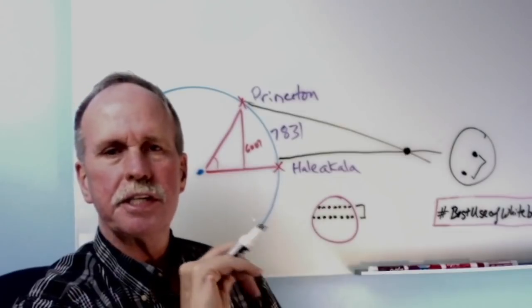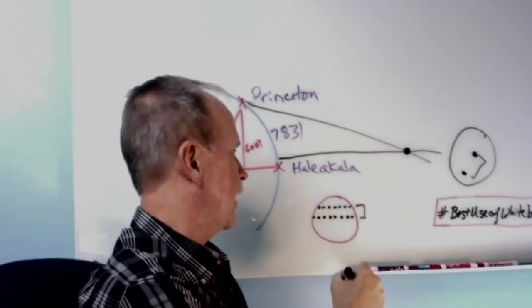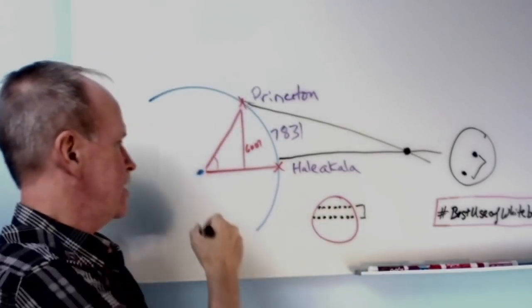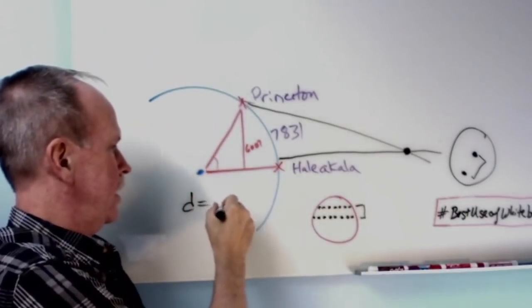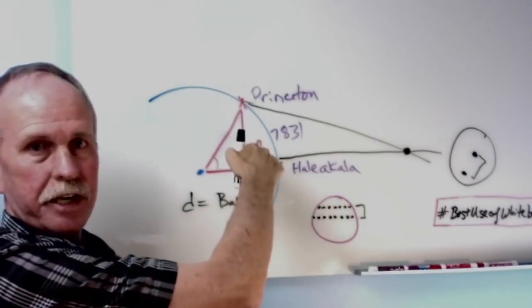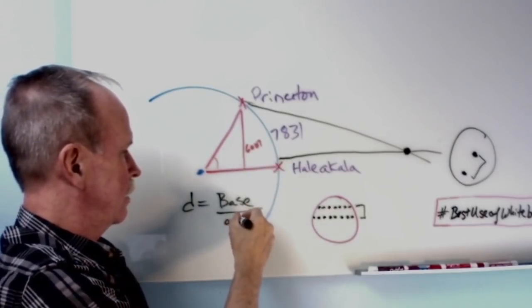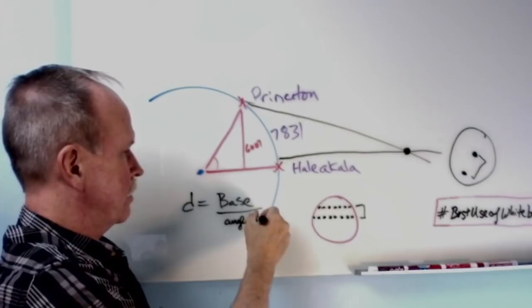Now, you can use this to determine the distance from the Earth to Venus, and the formula for that is very simple. Distance equals the base, which is the distance here, over the angle in radians.